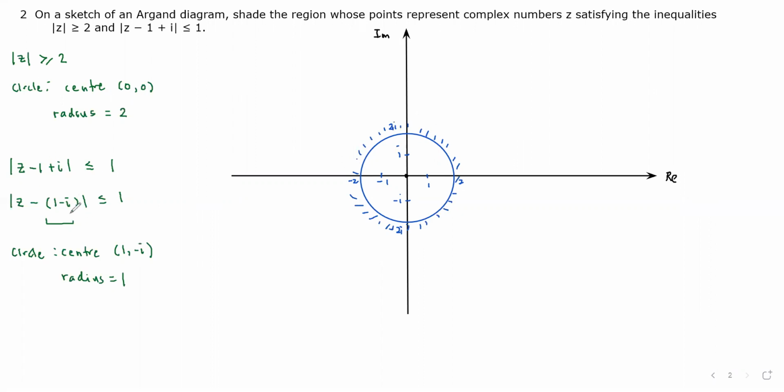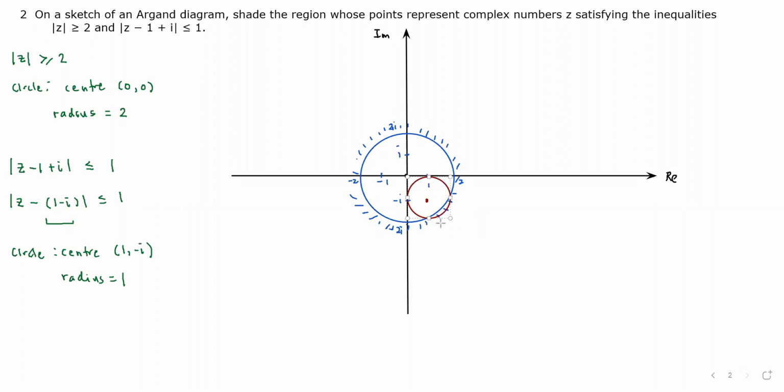The second one is a circle with center 1 minus i, and the radius is 1. So we draw a circle with radius 1.